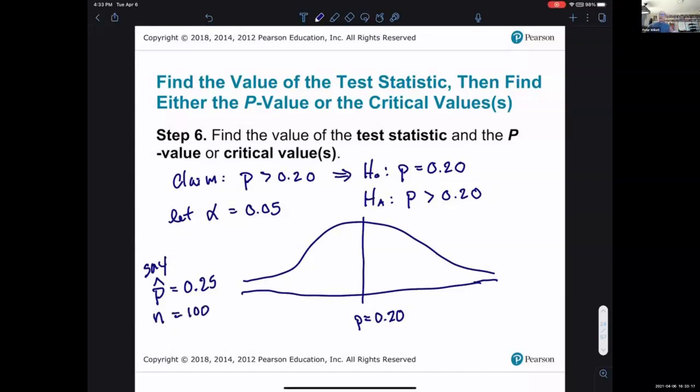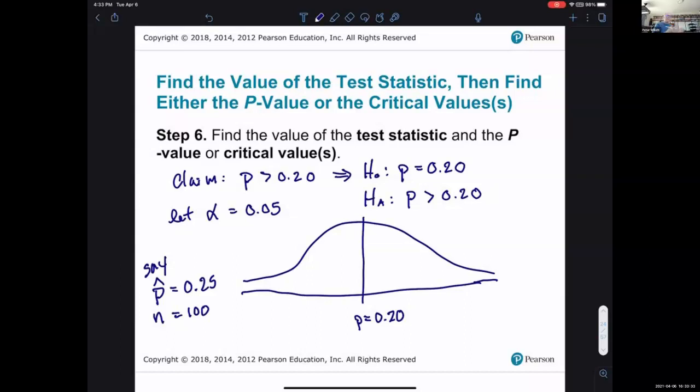And it turns out from my sample, 25 of them have some article of clothing that has blue. And so my sample proportion is 25%. So again, here is the logic backing all of this up.